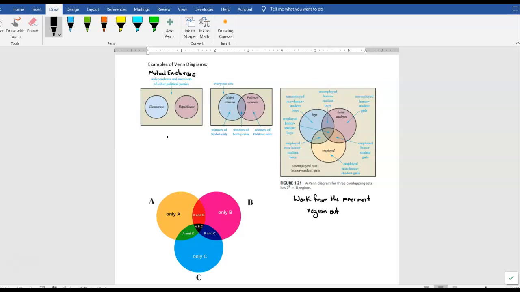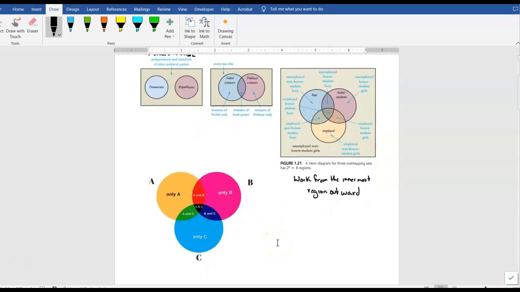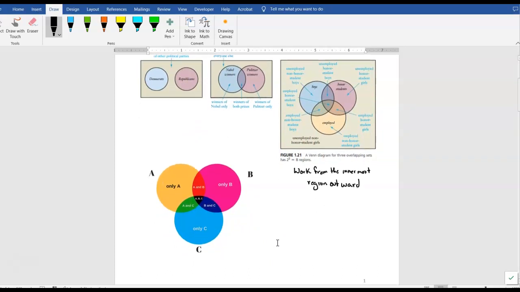And we'll go through some examples as to the reason behind this. And here's just another 3 circle Venn diagram to show you. The one up here on the right is in context, where this one down on the left is just in general, giving you another visual of what's going on.